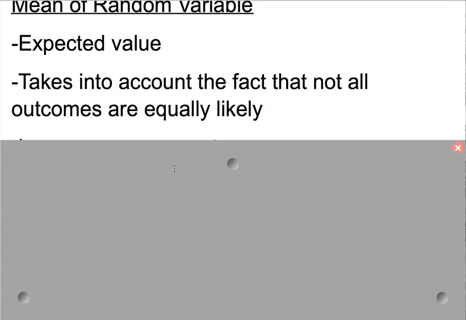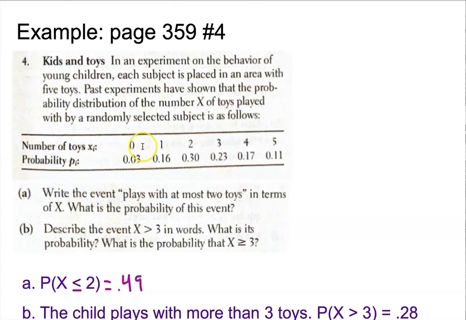This is different than a regular old mean or average because it takes into account the fact that not all outcomes are equally likely. So I am not just finding the average again in this toy example. I'm not doing 0 plus 1 plus 2 plus 3 plus 4 plus 5 and dividing that by 6. That would just be the average. This is taking into account that kids are more likely to play with 2 or 3 toys as opposed to 0.